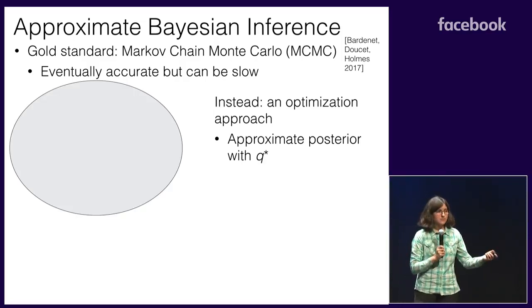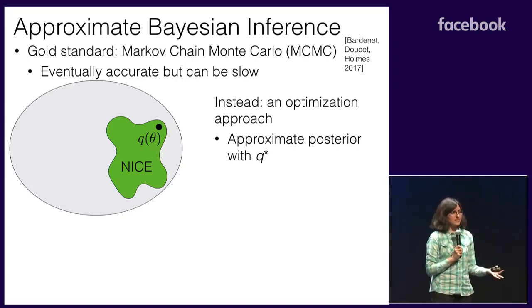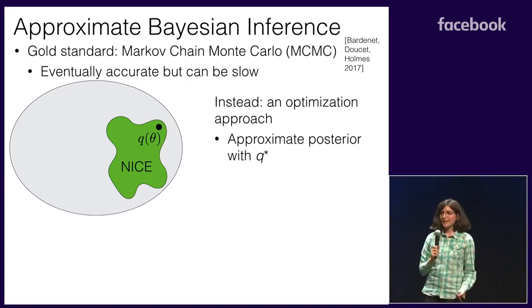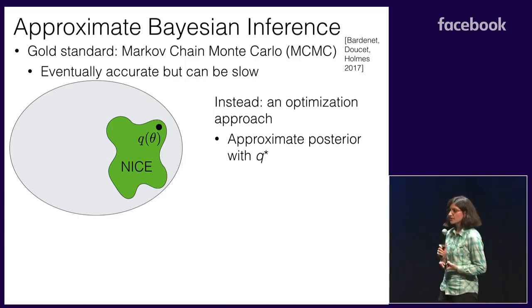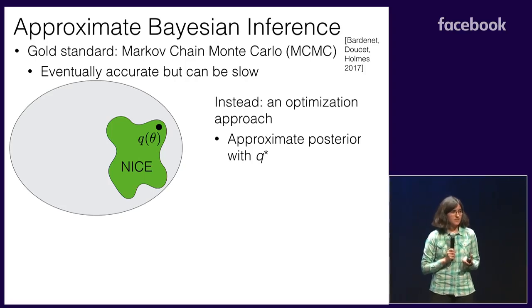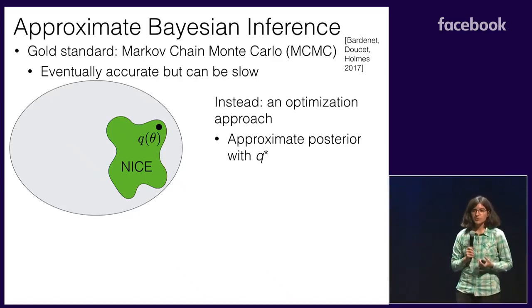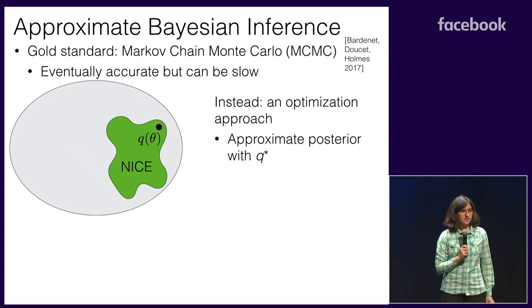So suppose there are a lot of distributions out there in the world, and there's a set of nice distributions. What do I mean by a nice distribution? What would make a distribution nice? Well, remember, we have a specific goal at the end of this: we want to report a mean and a covariance. So if we can calculate a mean and a covariance for our distribution, that seems to make it pretty nice to us.